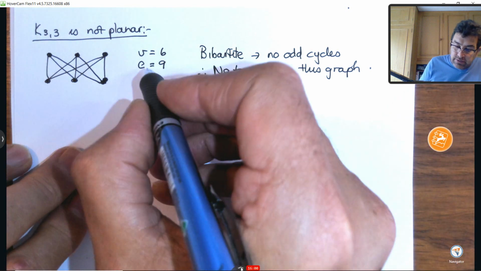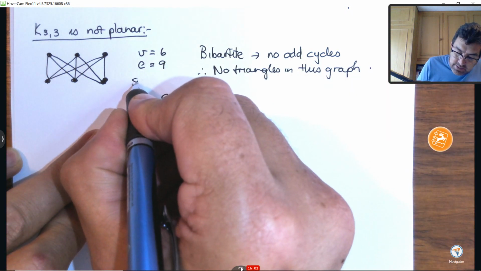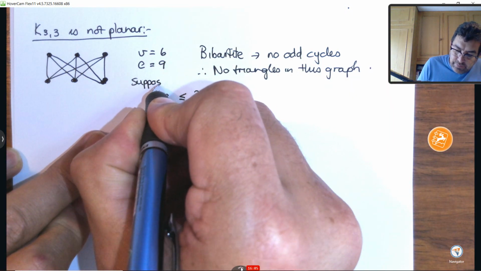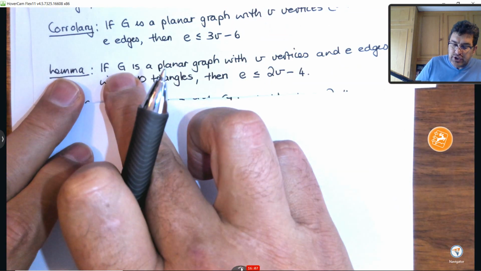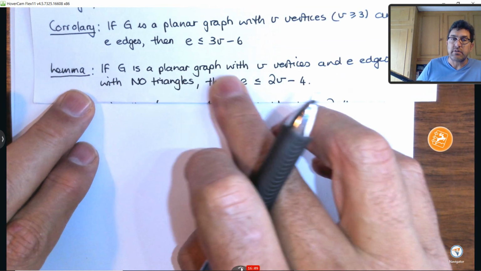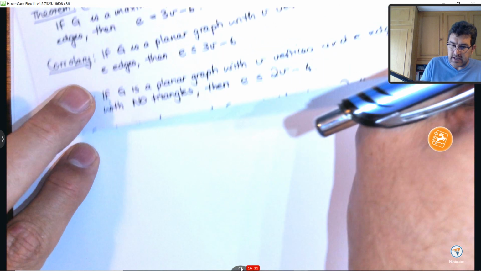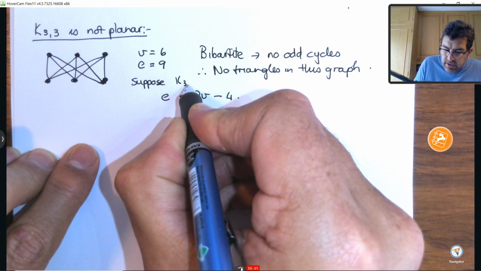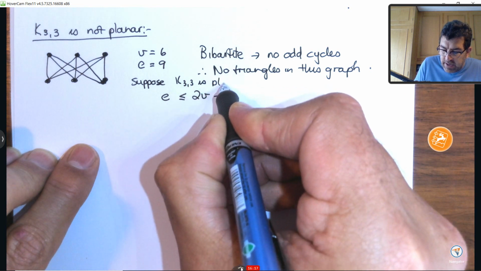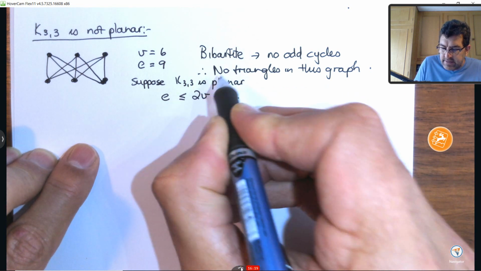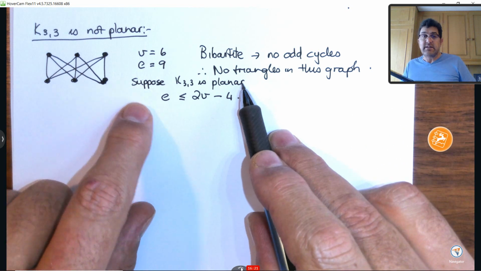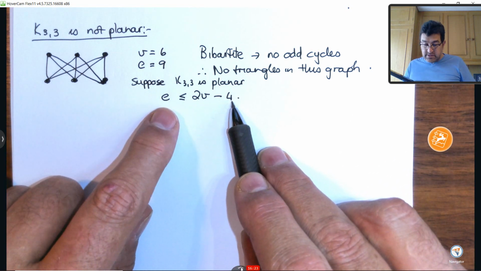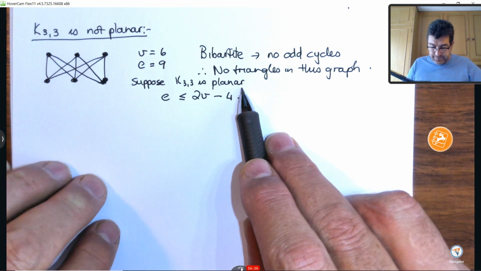We're going to suppose that G is planar. We have to, before we can use this. So we're going to suppose that K3,3 is planar, and then prove if it is the case, this is true. If this is not true, it can't be planar.